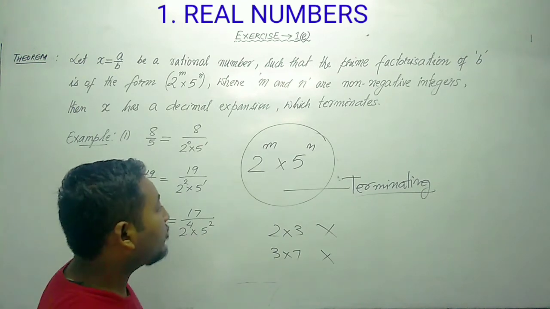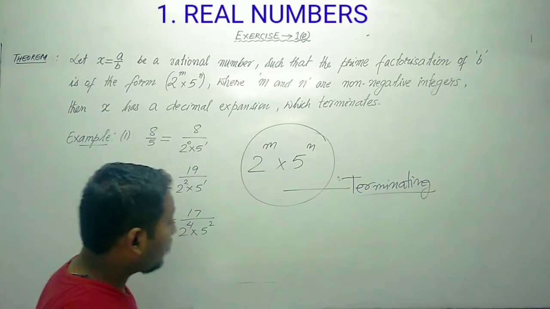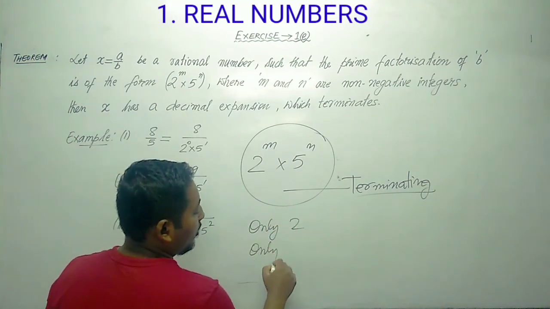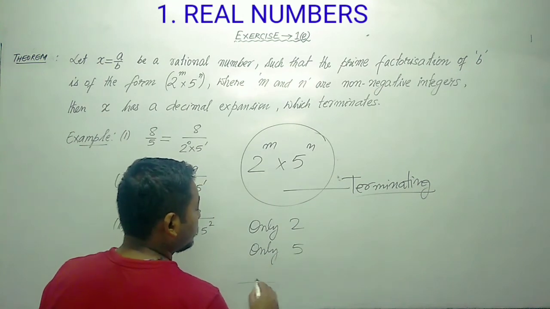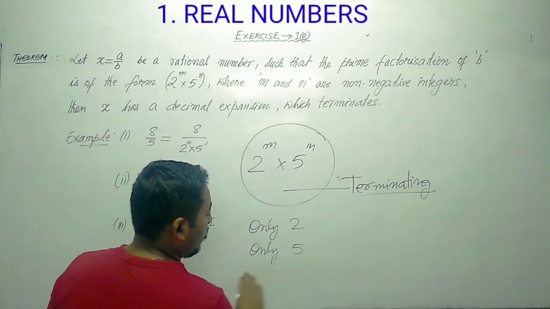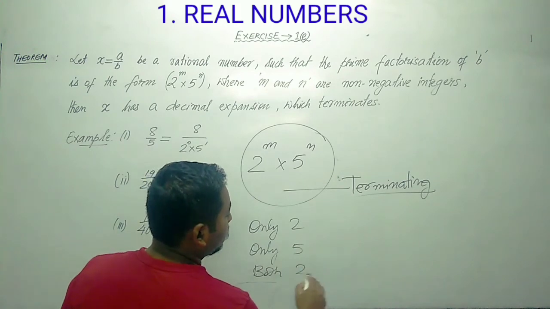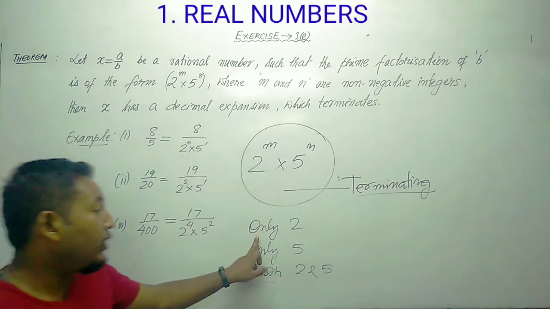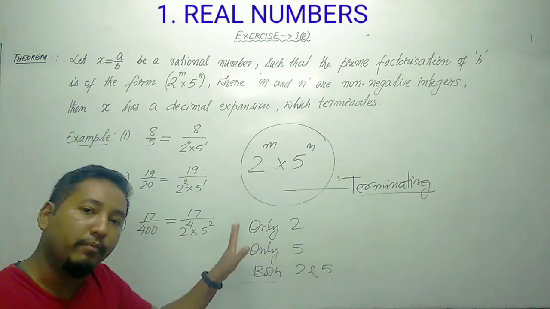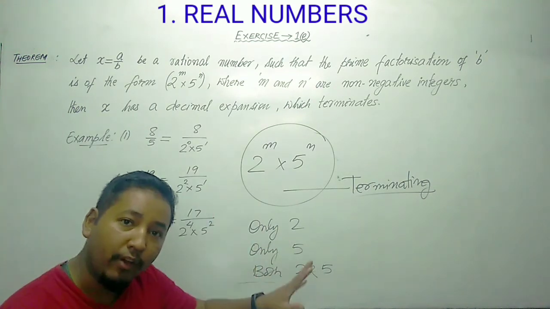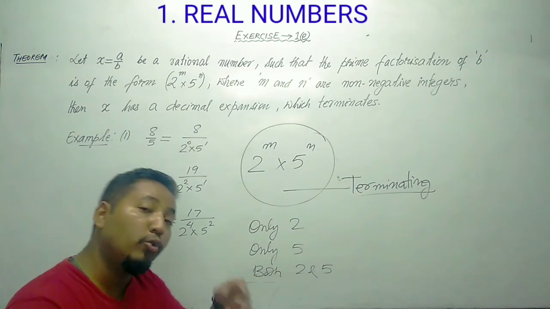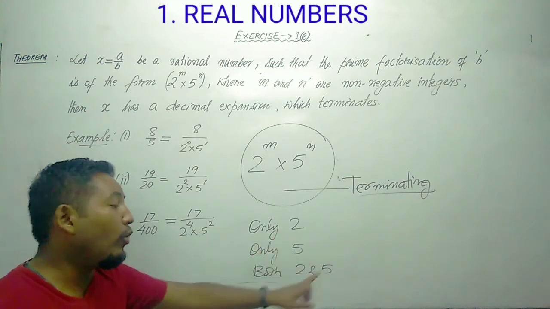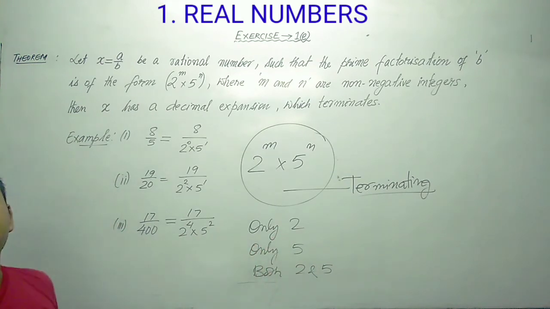Either you must have only 2, only 5, or both 2 and 5 in the denominator. If you have only 2, no problem, that is also terminating. You have only 5, that is also terminating. And you have both 2 and 5, that is also terminating. But any number other than 2, 5 or 2 and 5, that is a non-terminating decimal.